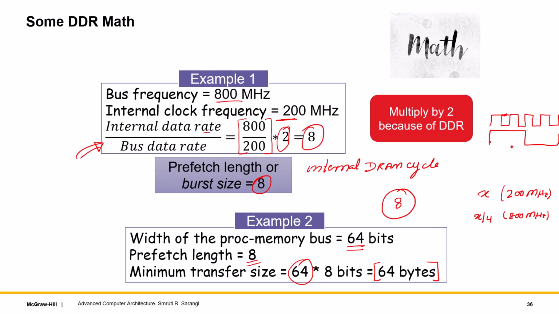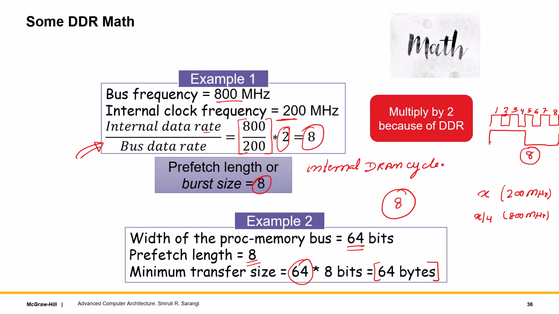If I am generating 8 bits internally, then in the next time that I transmit on the bus, since I'm going double data rate, I'll send the first bit here, second bit here, third here, fourth here, fifth here, sixth here, seventh here, and eighth here. So this basically means that I divide the frequencies, multiply it with 2 because of DDR, and every internal cycle I generate 8 such that I can send them in a DDR fashion on the bus for this particular ratio.